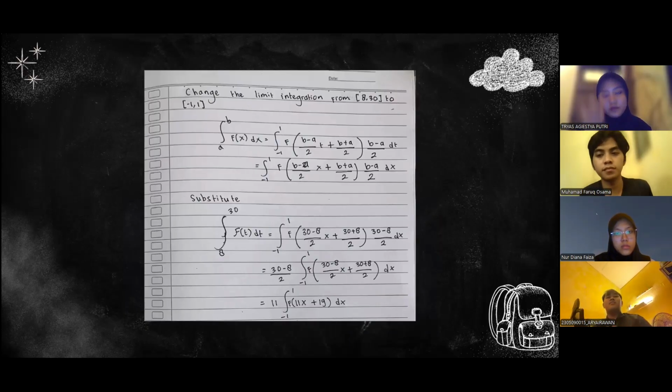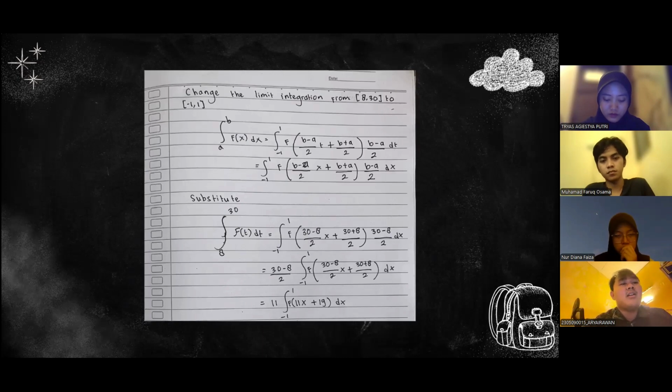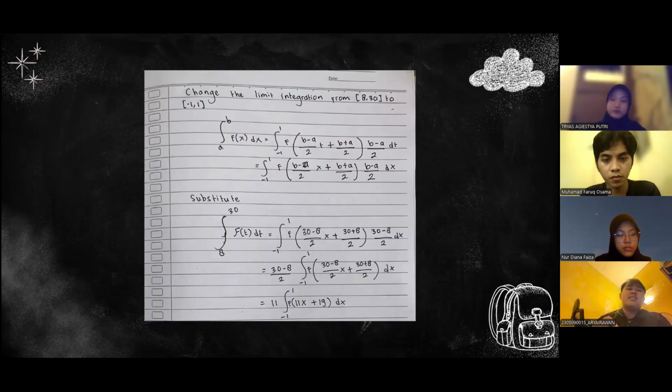We know the general formula, like I wrote before, as you can see on the screen: the integral from a until b of f(x) dx becomes the integral from -1 until 1 of f((b minus a)/2 times x plus (b plus a)/2) times (b minus a)/2 dx.